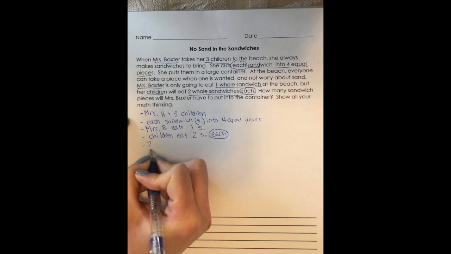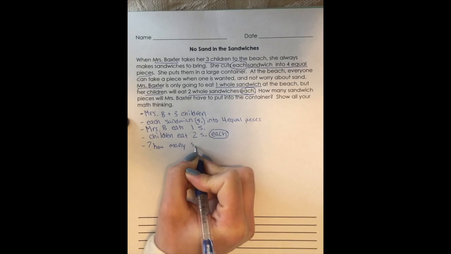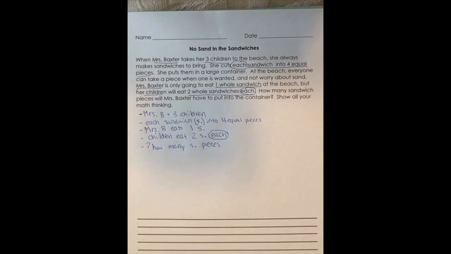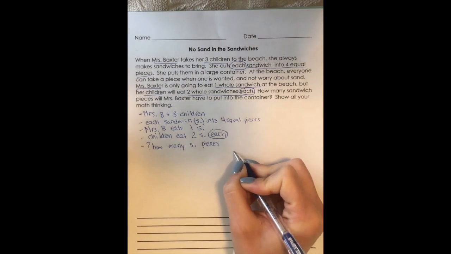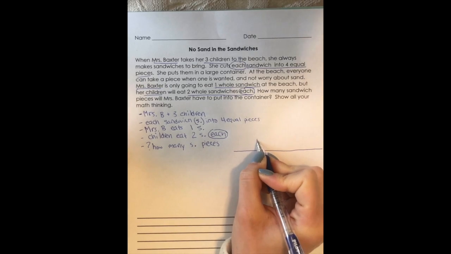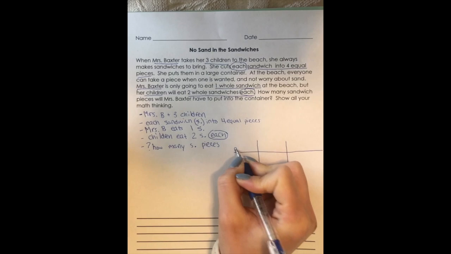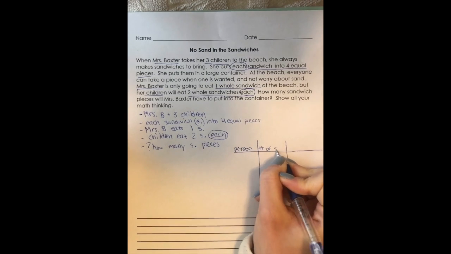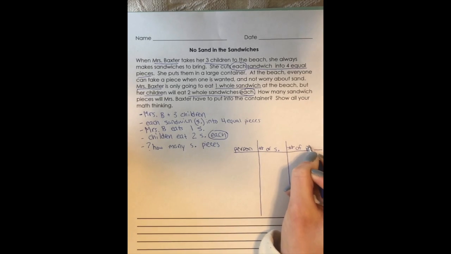So I'm trying to figure out how many sandwich pieces. And how I'm going to figure this out is with a table. So I can make a table by writing the person, number of sandwiches, and then number of pieces.